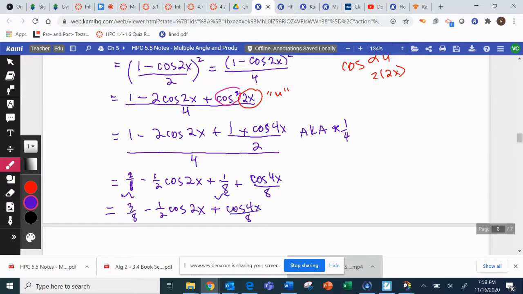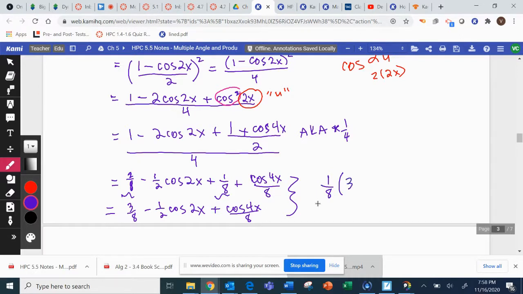And really, we've achieved our goal in the last couple steps. I'm just making it look a little bit nicer. The last step is I'm going to factor out that denominator. It would be a 1/8 that I would take out, just so that we don't have a bunch of different fractions everywhere.